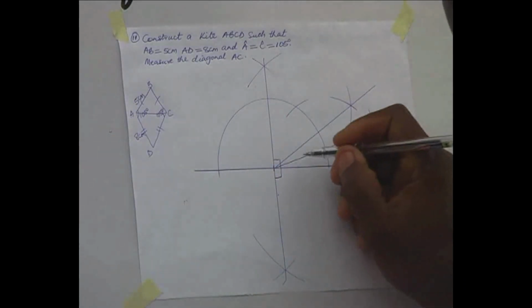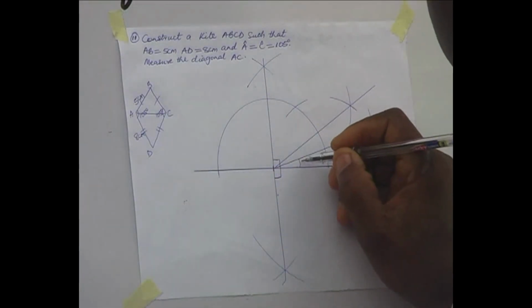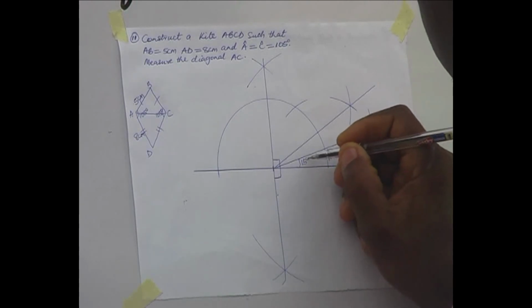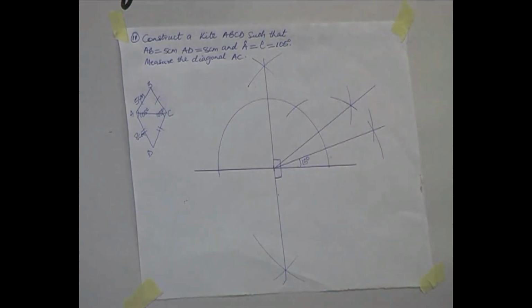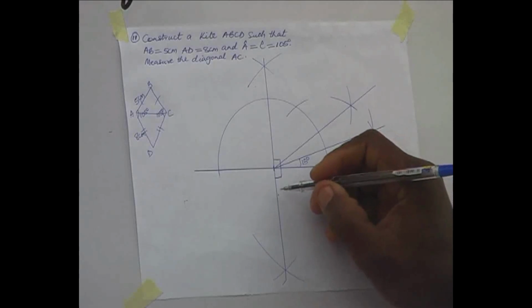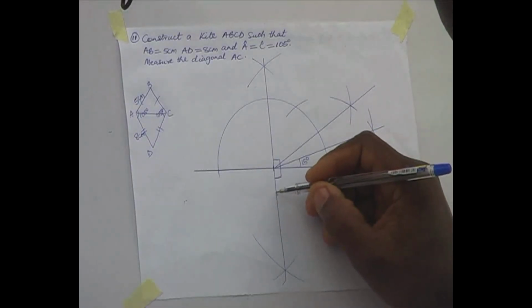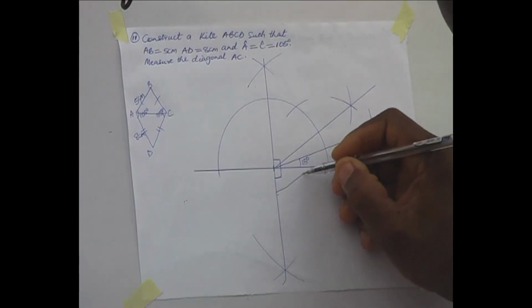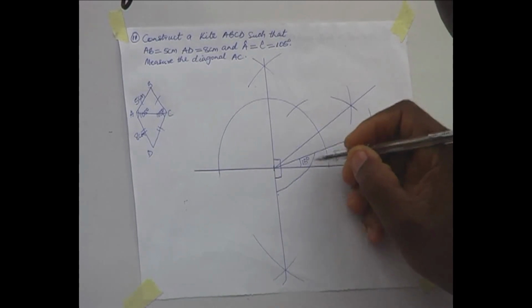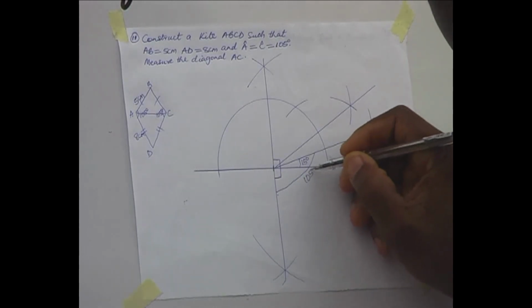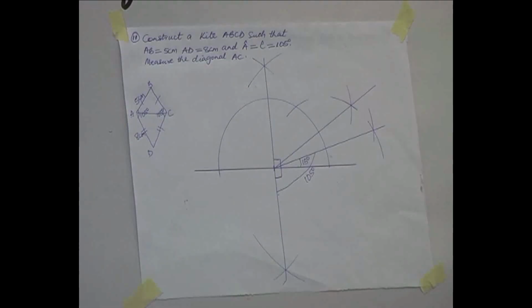That means this angle here is 15 degrees. If you add 15 to 90, the whole of this angle now will give you 105 degrees, which is the beginning of our construction.